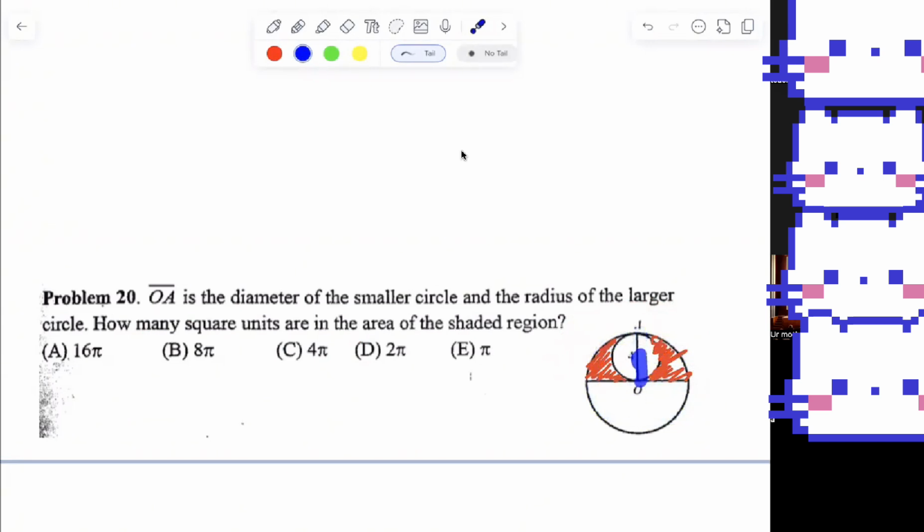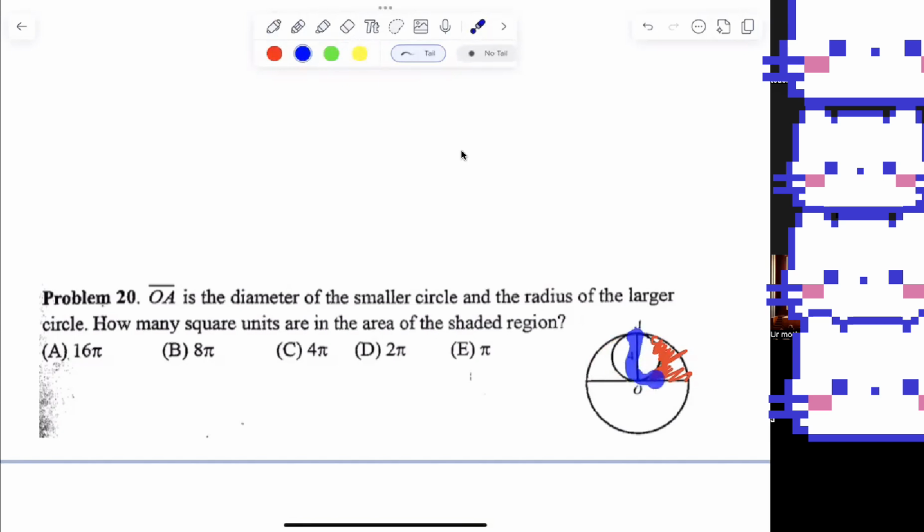Oops, this is the shaded region. Sorry, it wasn't double. But the same idea holds.